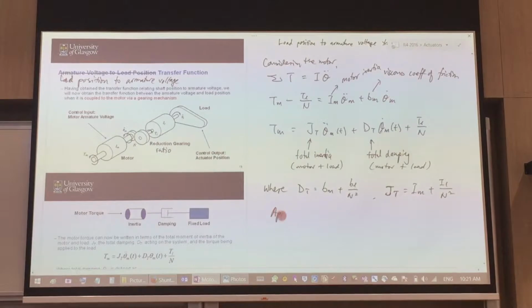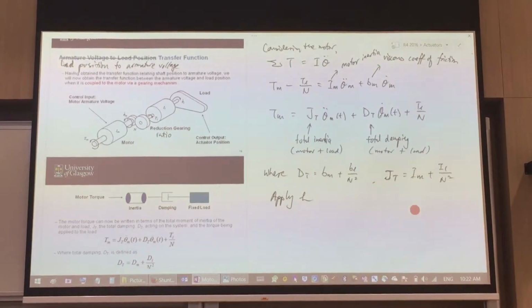So apply the Laplace transformation to this set of equations over here, the theta double dot and the theta dot under 0 initial conditions. I'm just going to write down that one under 0 initial conditions.